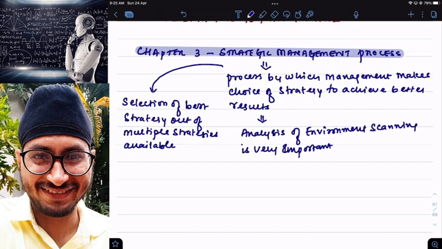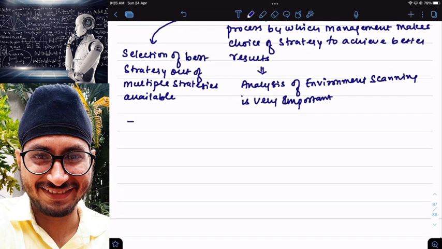Clear? Analyzing the internal and external environment is called environmental scanning. Without analyzing my internal environment and my external environment, I will never be successful in my business. So in simple words, strategic management process is divided into how many steps?